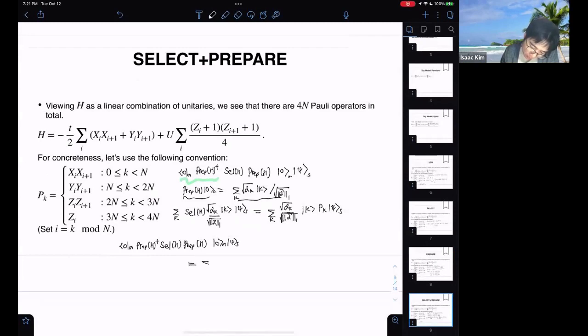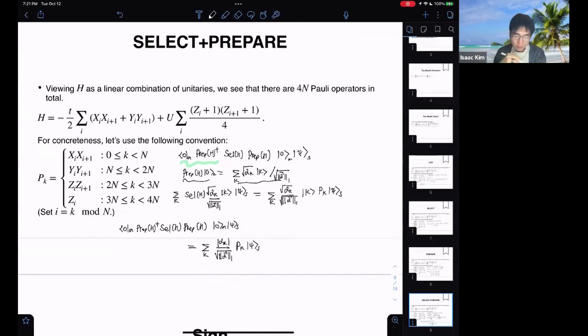This is equal to the sum over k of the absolute value of alpha k, P k, psi of s.